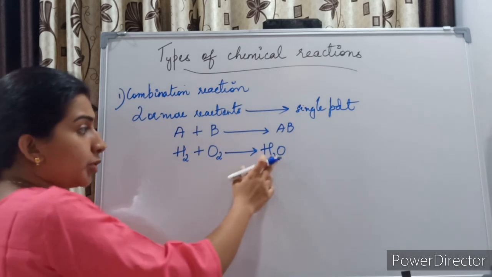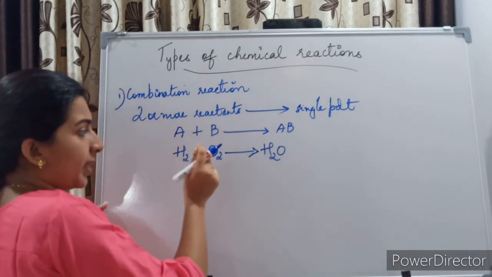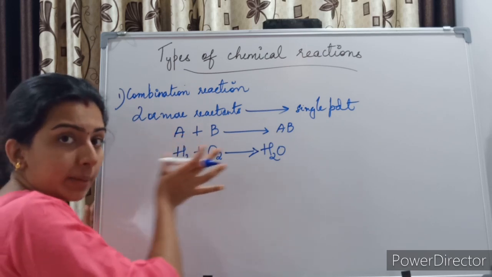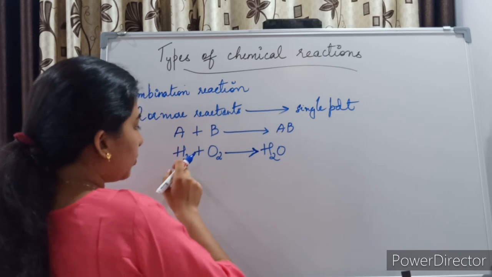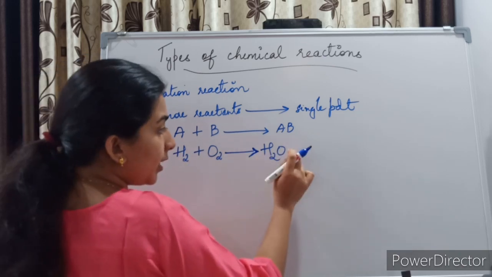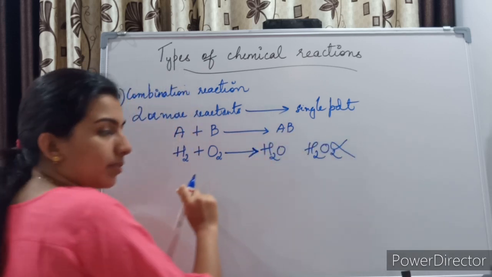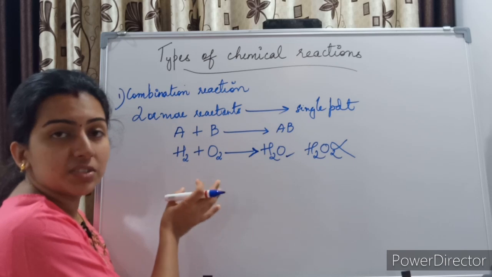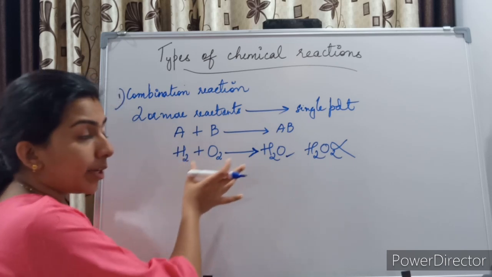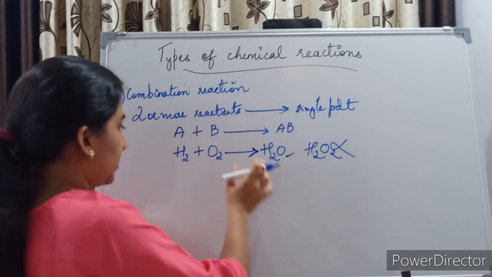We are not getting H2O2, but we are getting H2O, which means they don't just directly combine with each other. This is because elements combine according to their valency. This is the reason for this.